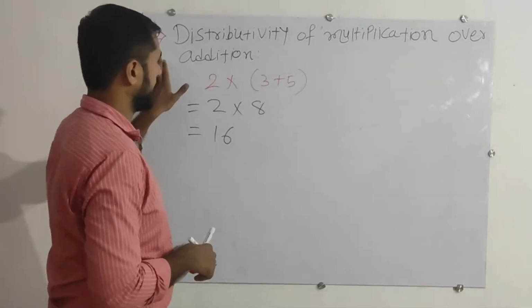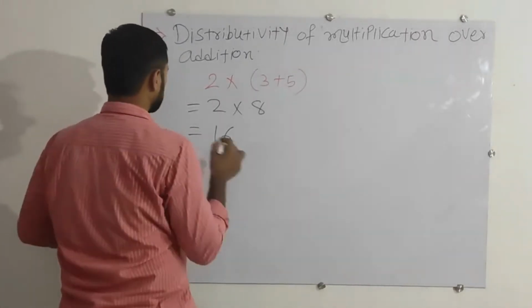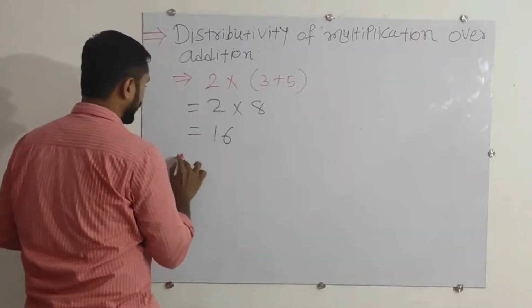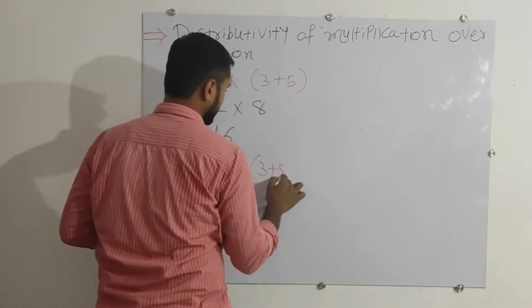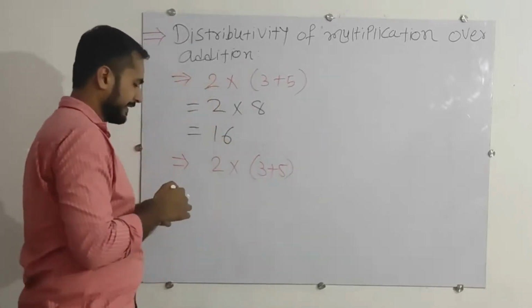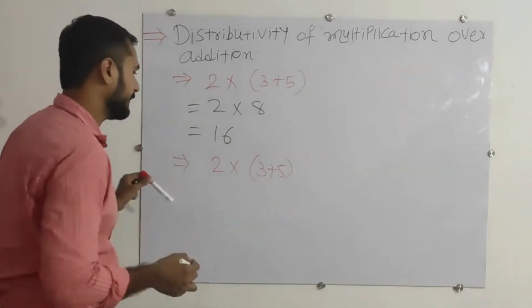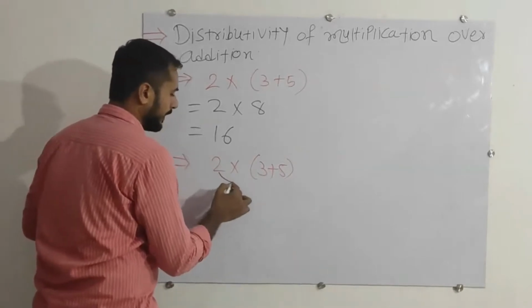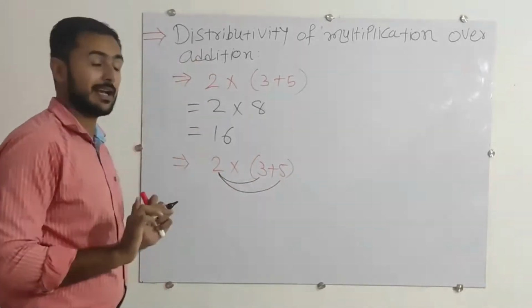Now in the next step we will solve by this property, and we will check whether the answers for both are the same or not. Again I am going to use the same problem. Now the distributive property says that if here is a multiplication, this number 2 will multiply to 3 as well as to 5, both the numbers. How?